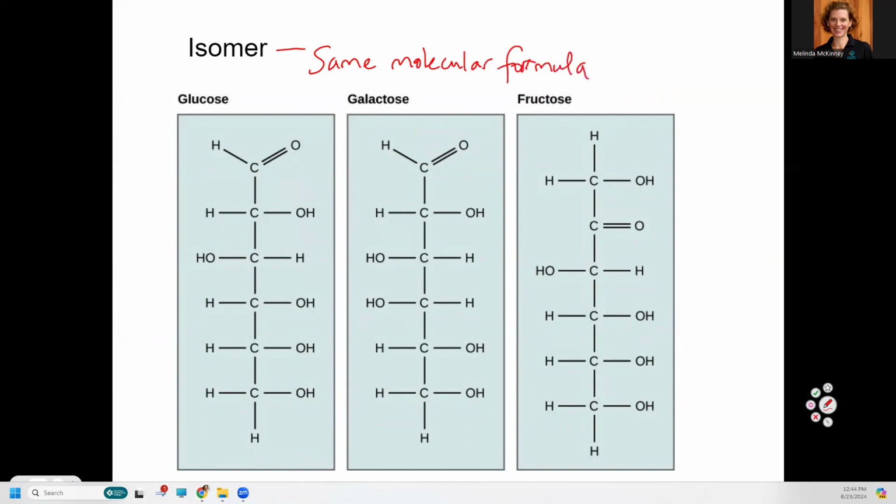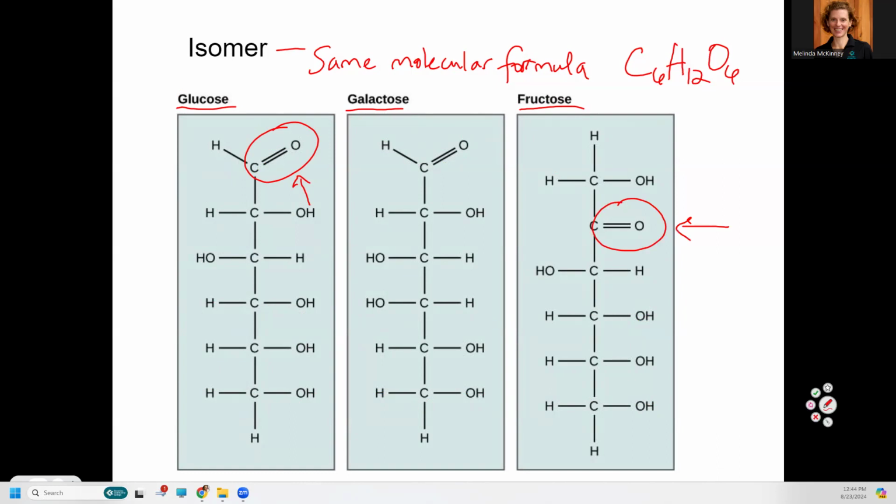In this case, all three of these molecules have the formula C6H12O6: 6 carbons, 12 hydrogens, and 6 oxygens. However, they are bonded differently. So this is a structural isomer. Glucose, galactose, and fructose all have the same formula, but if you look at where the double bond is, it's at the end here in glucose, C double bond O, whereas over here in fructose, it's going to be on the second carbon.